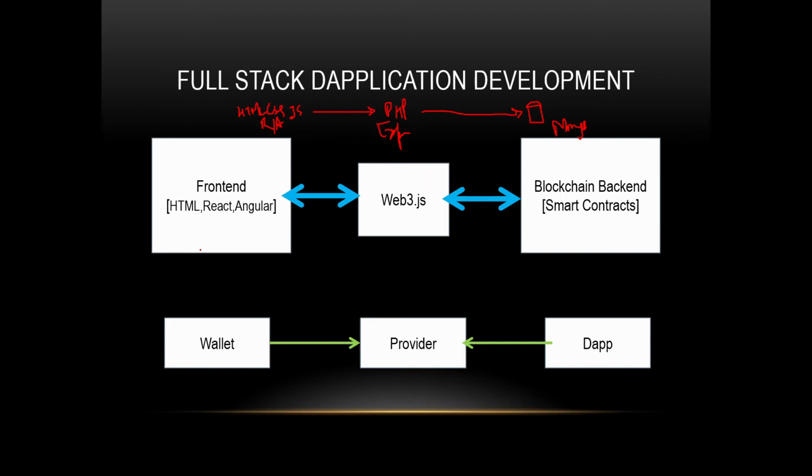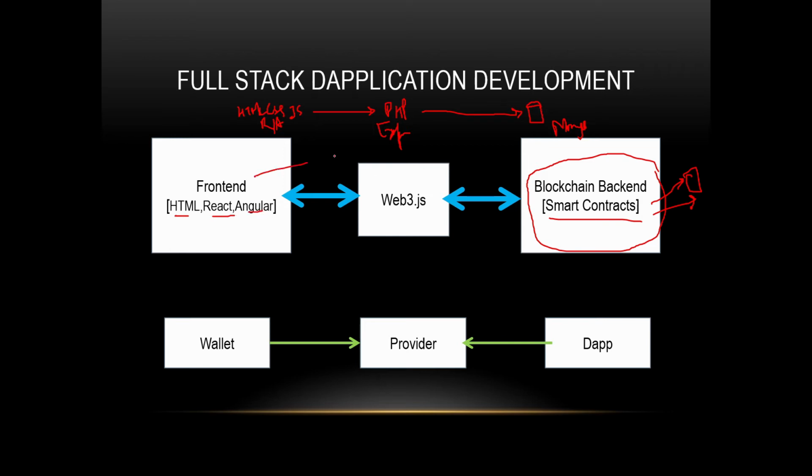In this one also, till now you know that there is a blockchain backend, which is the smart contracts directly connected with the blockchain database, the blocks where we store data. That's where the smart contract comes, and this is basically the backend. The front end can be made either by HTML, CSS, JS, or you can use the React framework, or the Angular framework.